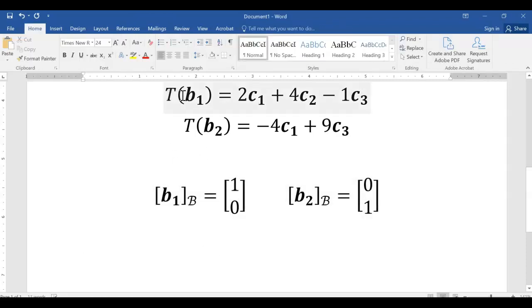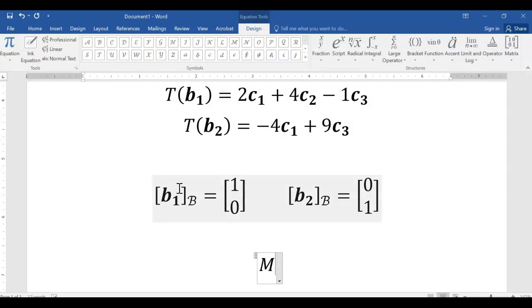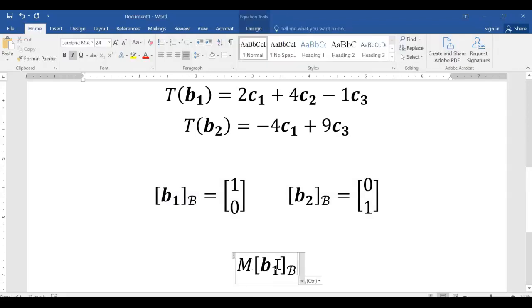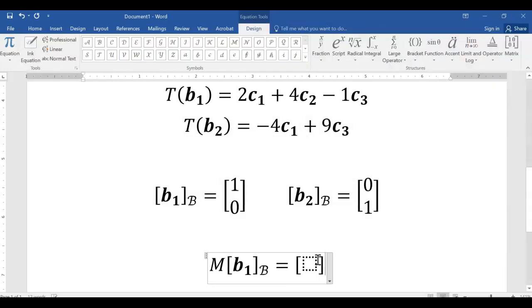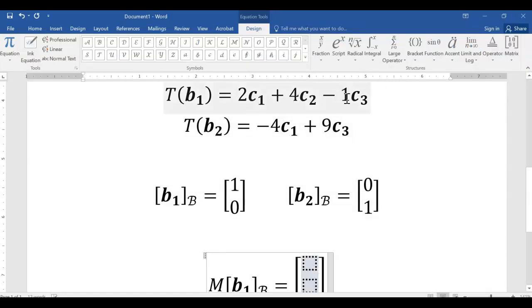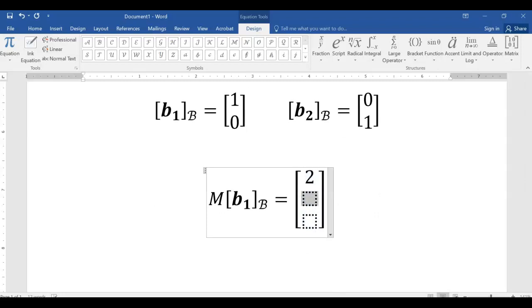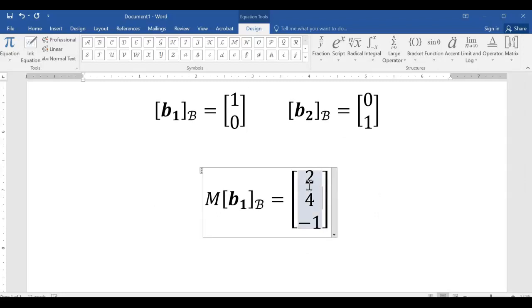Now, what should the transformation do to B1? So what should my matrix M do to this coordinate vector? Well, it should spit out 2, 4, negative 1.